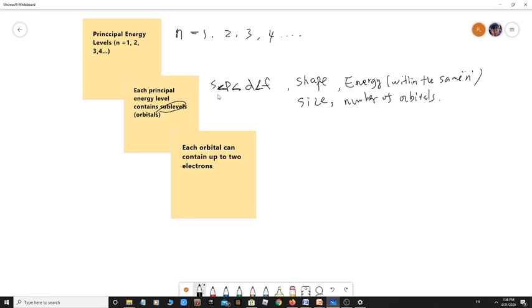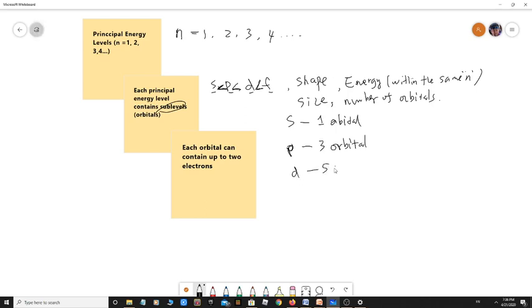Now, within each sublevel, or let's say these four letters indicate different sublevels as well as different kinds of orbitals. There is only one orbital in the S sublevel. There are three orbitals in any P sublevel, or P orbital.